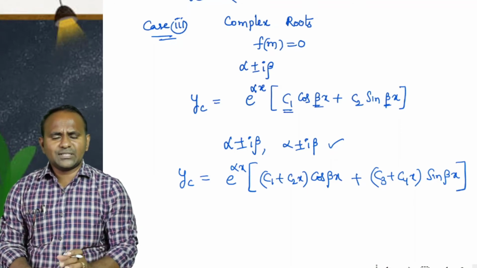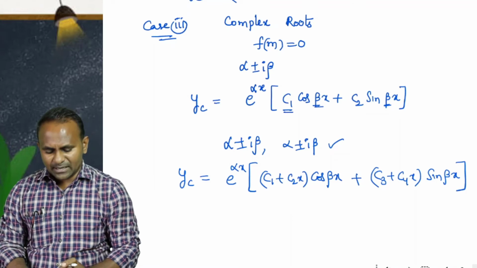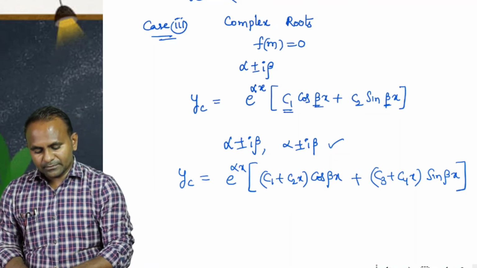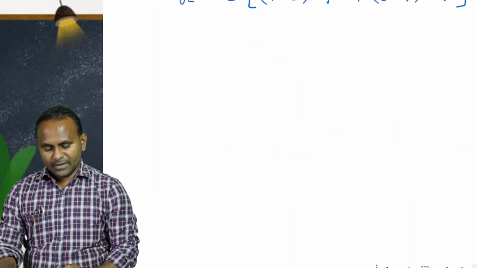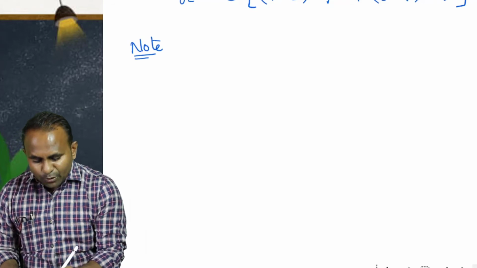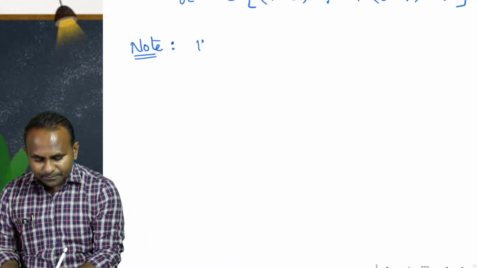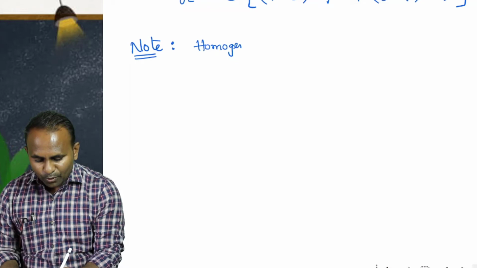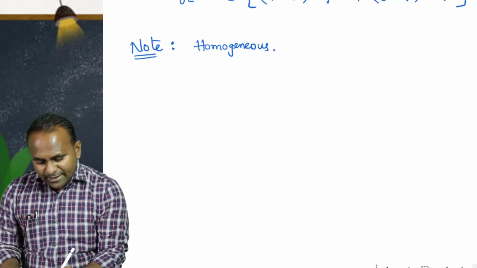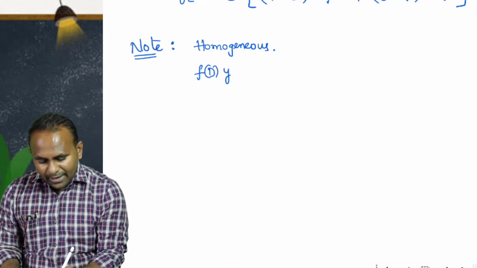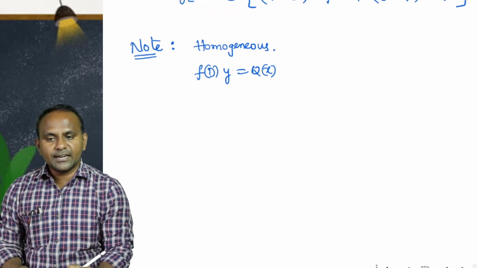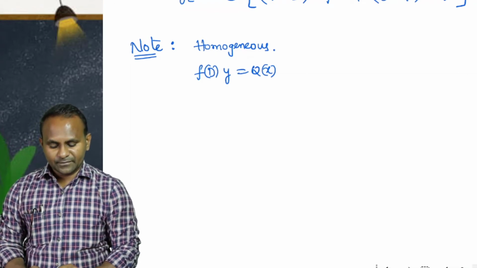Now let us look into a limited number of examples dealing with the complementary function. And most importantly, whenever your differential equation is homogeneous. So what does that mean? We have seen already that f of D of y equals q of x is the general way of writing a higher order linear differential equation with constant coefficients.